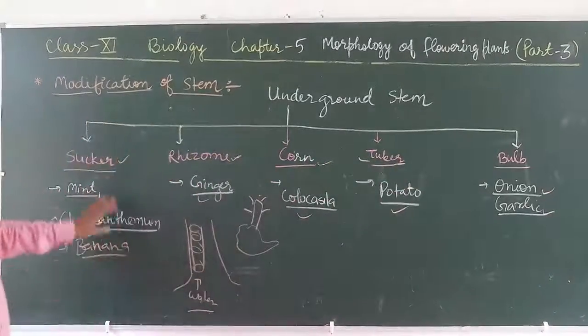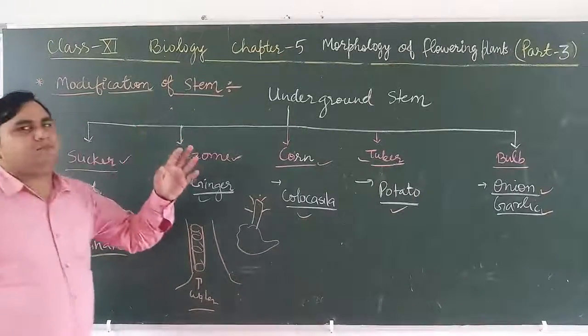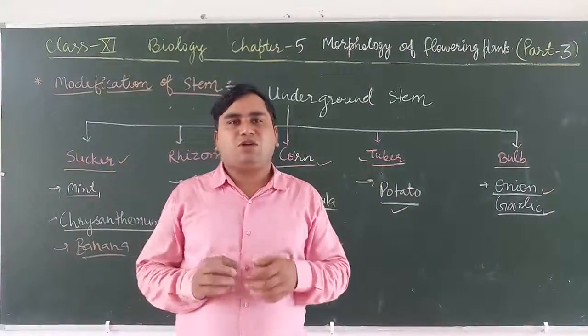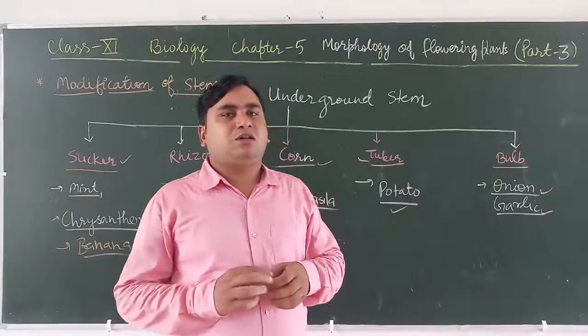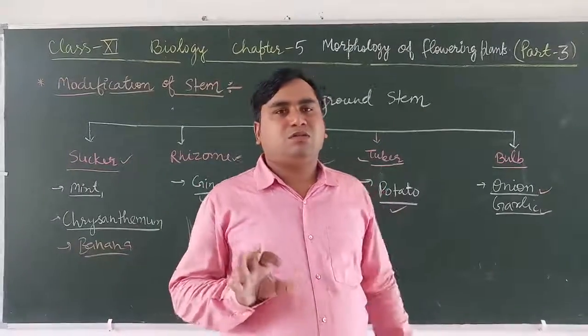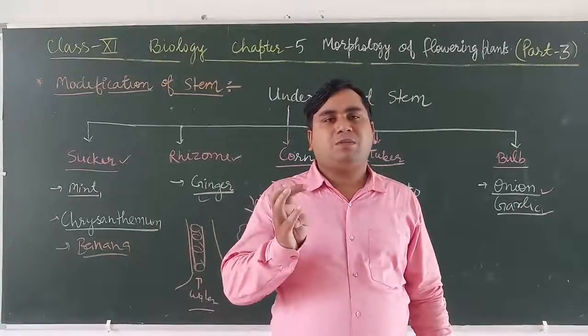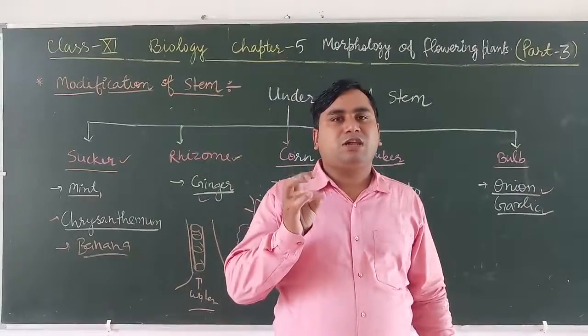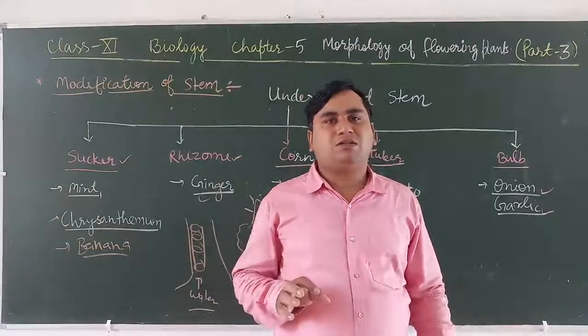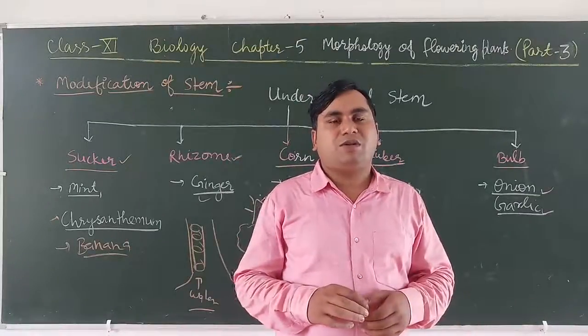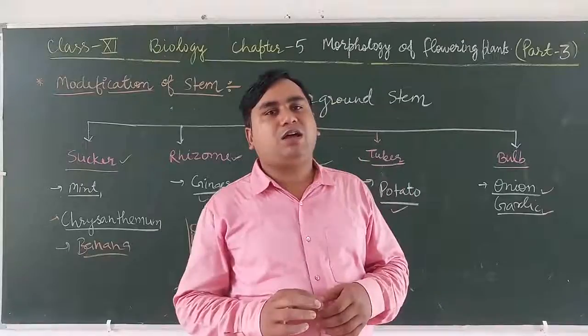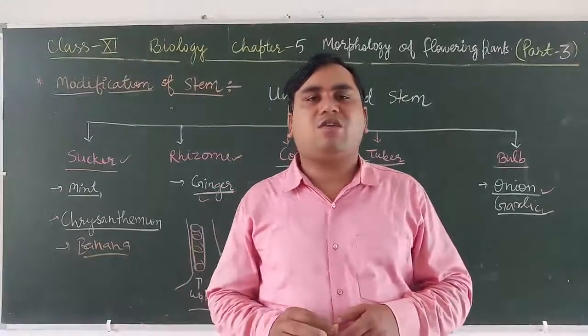So in this topic we learned about the stem. The stem is the supporting part of the plant from which flowers, fruits, leaves and branches spread all over the plant, and it also helps in the transportation of minerals and water.